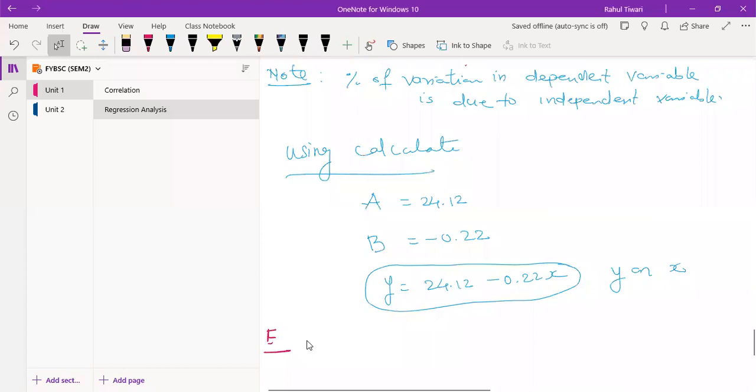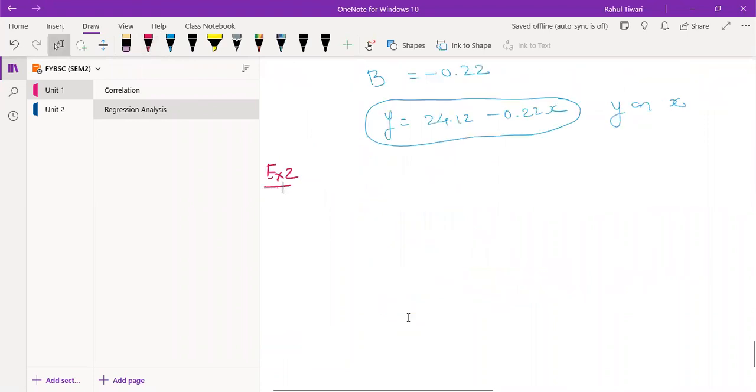Example number 2. But not difficult type. It's simple type only. So for example, ये data देता हूँ मैं. I have this answer ready made.